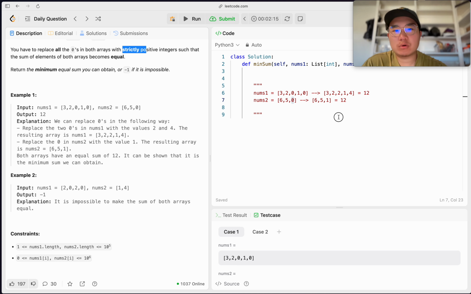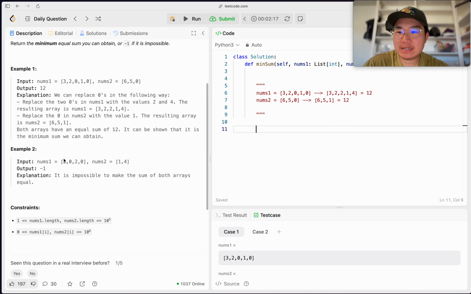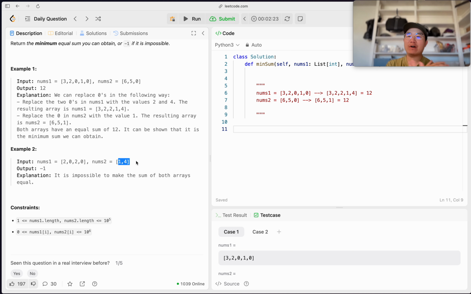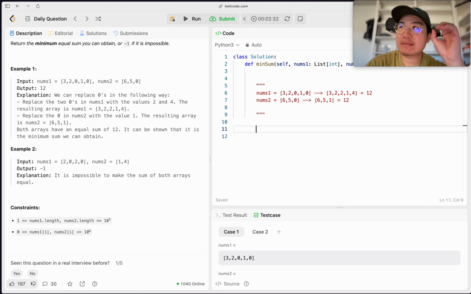But there are some things we need to consider, like for example when the sum of one of the arrays is 5, but the sum of the other array is 4, but it has two missing ones. So maybe we could keep track of a minimum sum, and we need it to be at least that much.